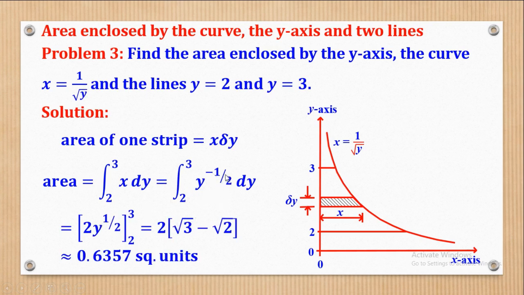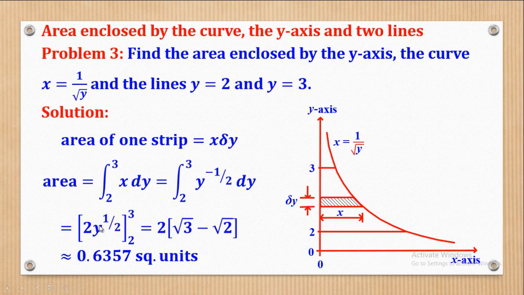When I increase the power by 1, negative a half plus 1 will give me a half, divided by the new power, which is a half. So 1 divided by half is 2. That is why you see 2 here. Next is to substitute, start with the upper limit. Where there is y, put there 3. Now this 2 is constant, I first put it out.